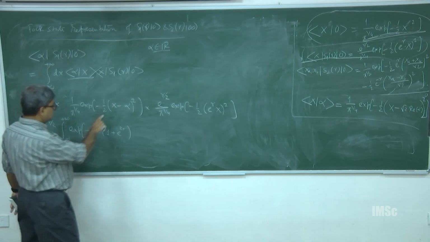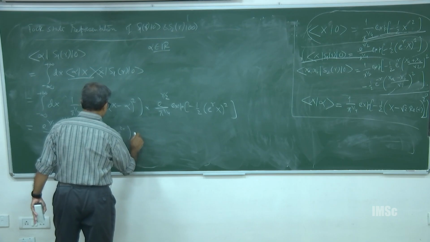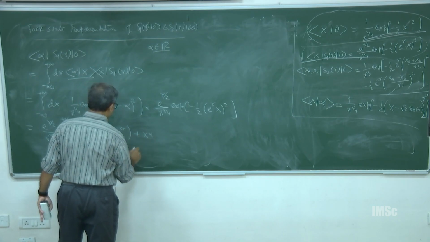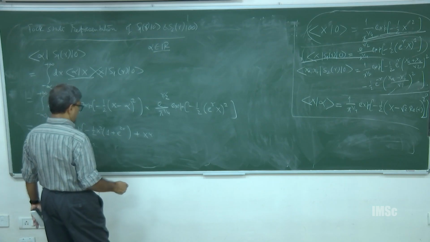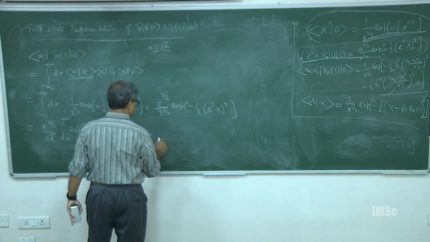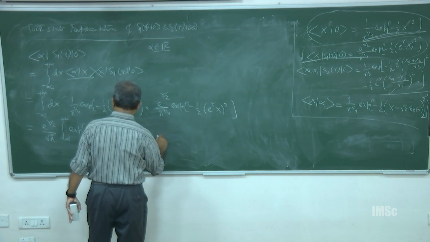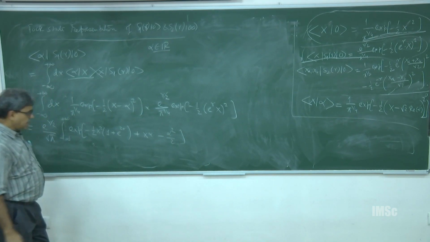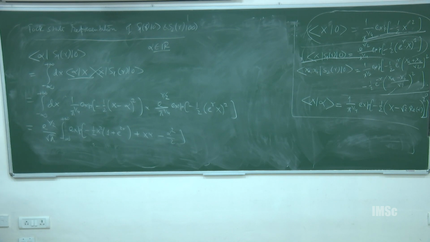And then this is plus x alpha, and then this is minus alpha square by 2. Is that clear? Yeah, it should be clear.